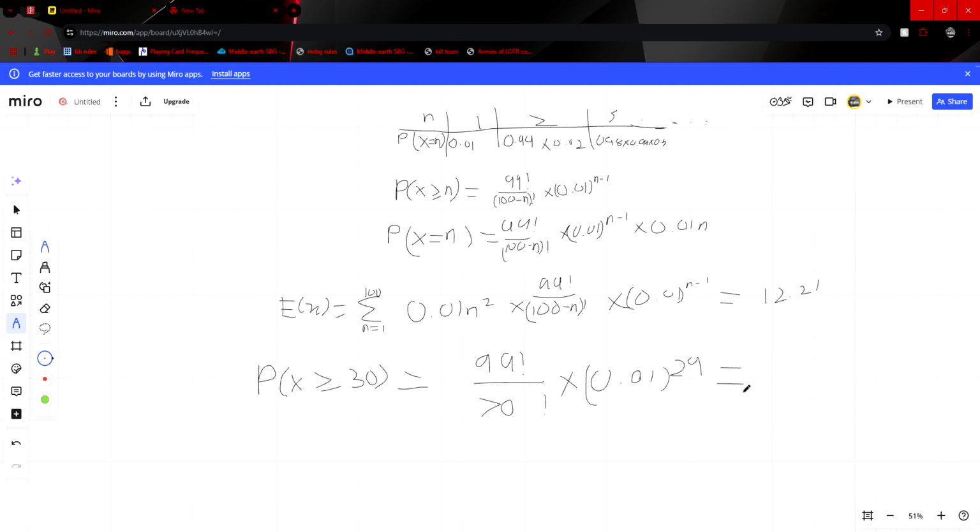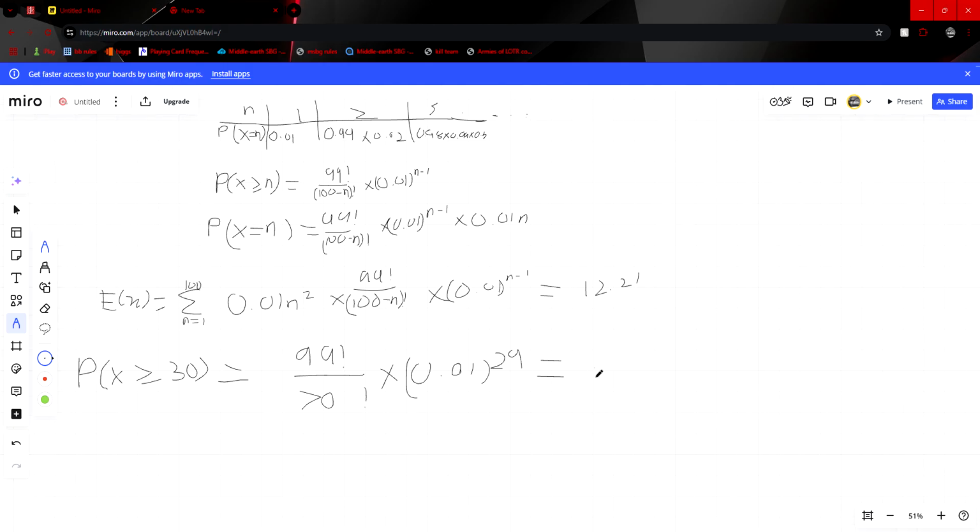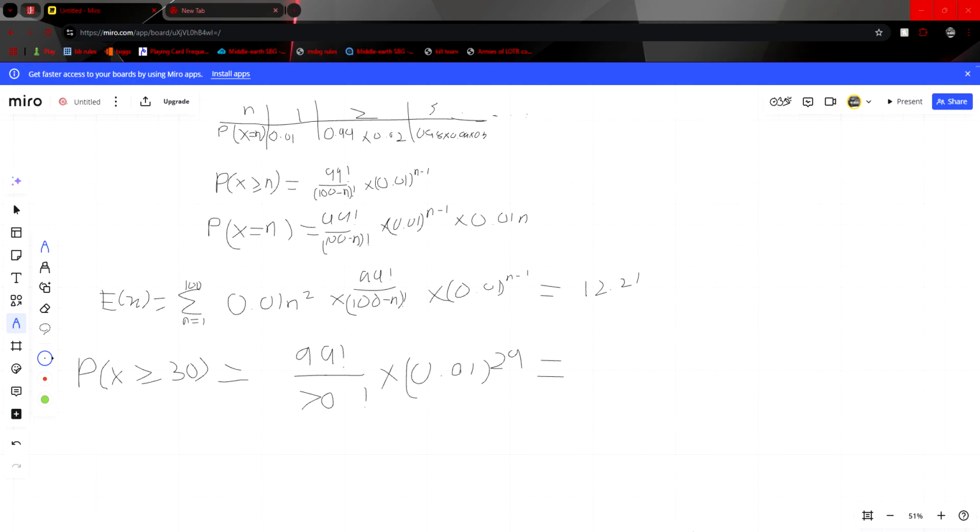Well, the expected number of turns, since this is geometric, because we would stop after we reach 30 or above, is 1 over this. And 1 over this is, let me just remember what it was, 128.35.